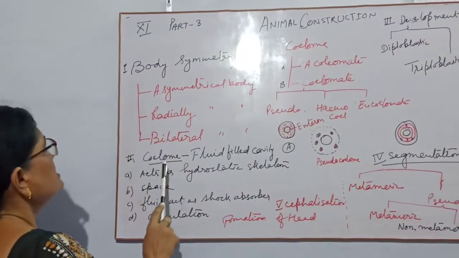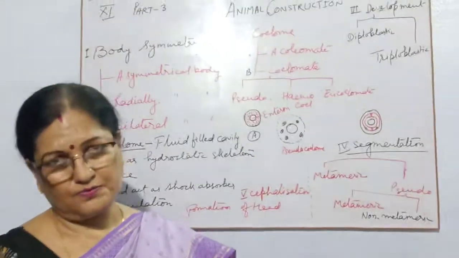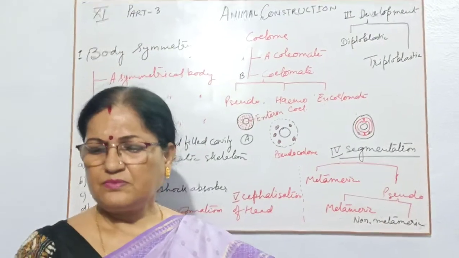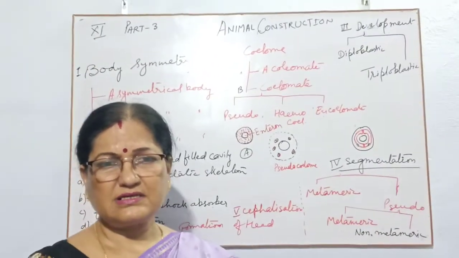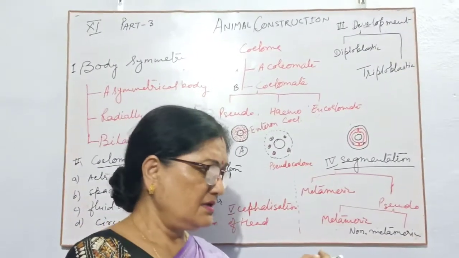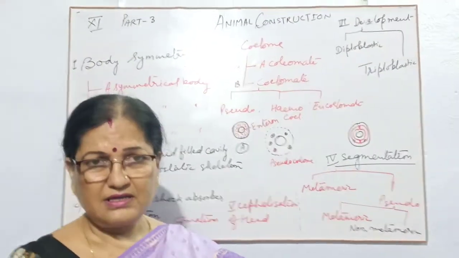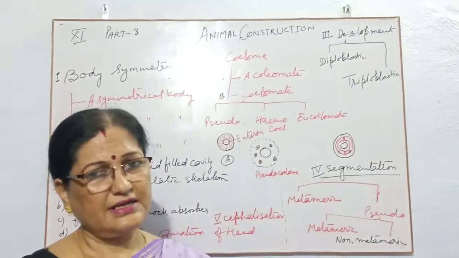Now next part of it, coelom, or the body having coelom. As children you know, when you crush by mistake some insects found in pea or brinjal or cauliflower, after crushing it you can get some fluid.